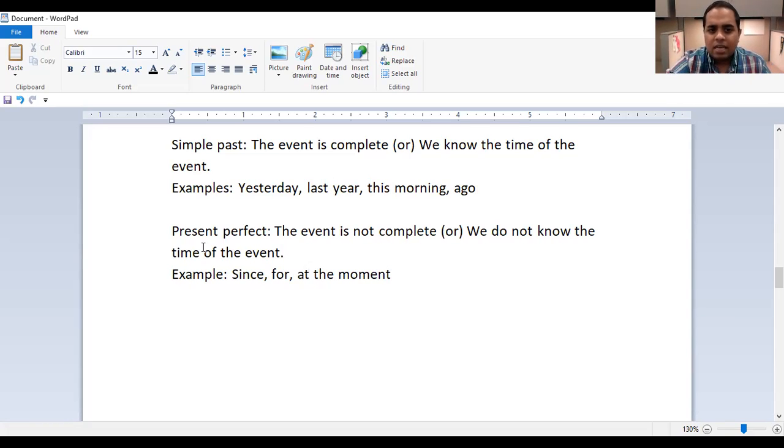So again, if the sentence has yesterday, last year, this morning, ago, or another word that suggests the time of the event, then normally the sentence is simple past. In contrast, if the sentence says since, for, at the moment, or another similar word, then the sentence is normally in the present perfect tense.